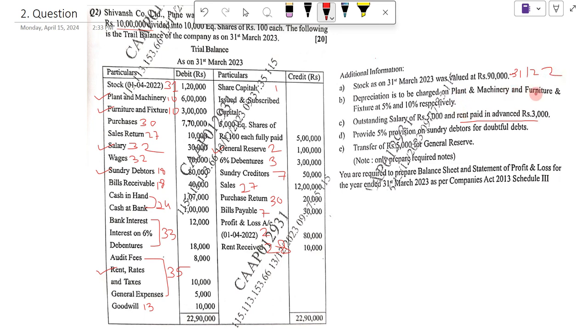Plant and machinery and furnitures, first effect in note number 10, second effect in note number 34. Outstanding salary, first effect in note number 32, second effect in note number 8.